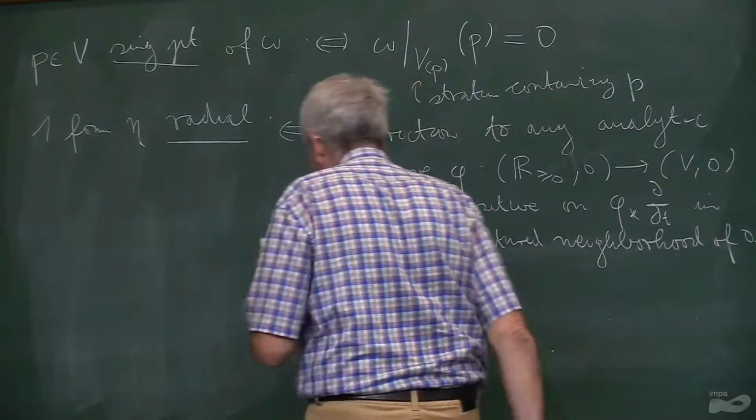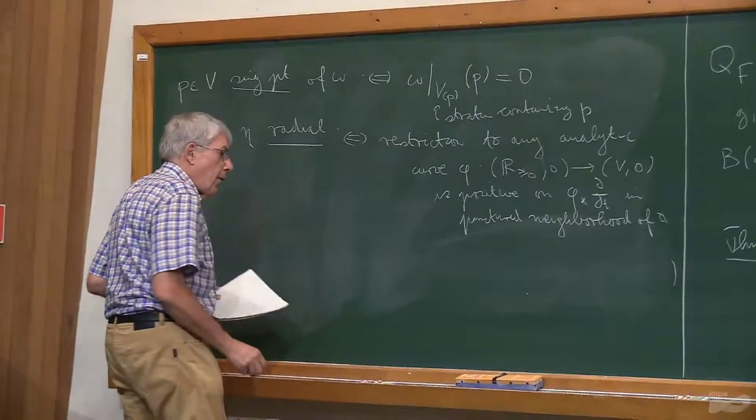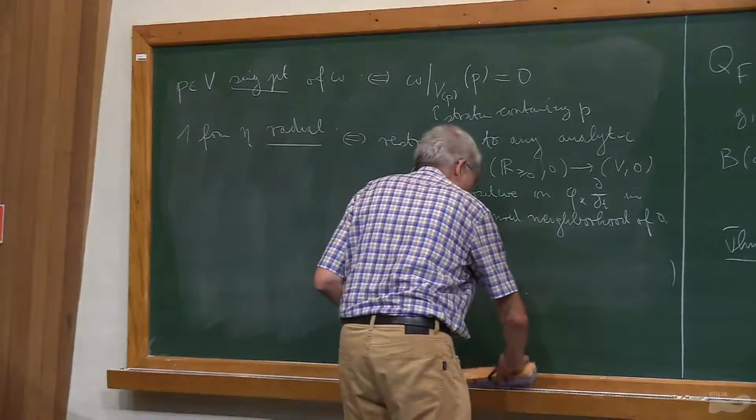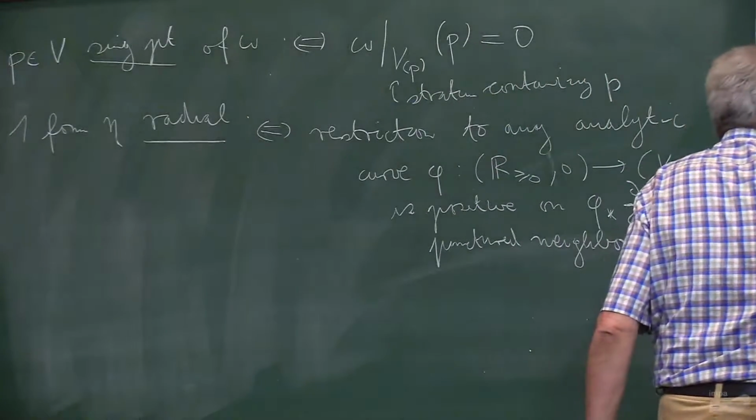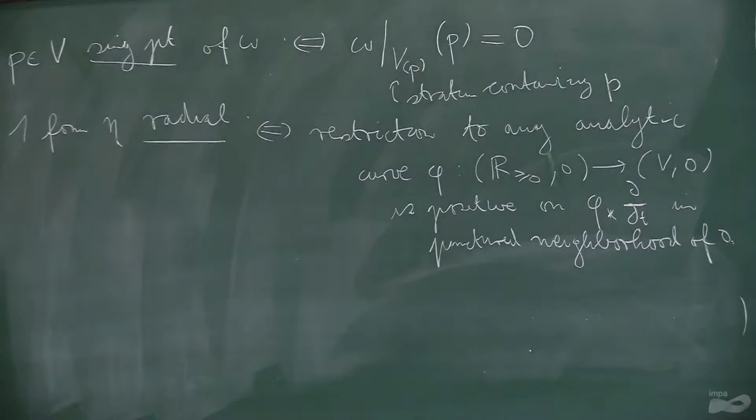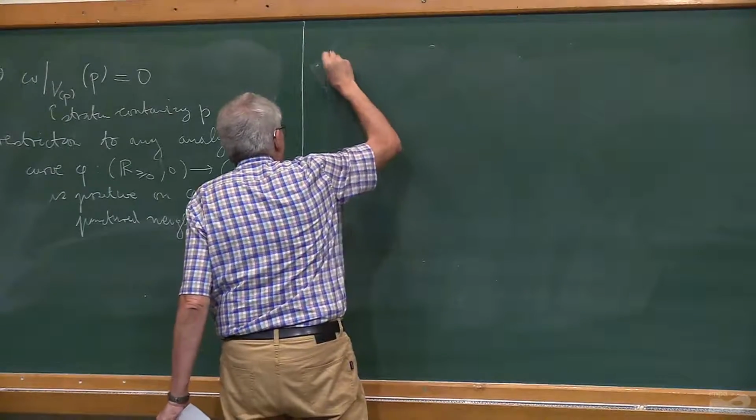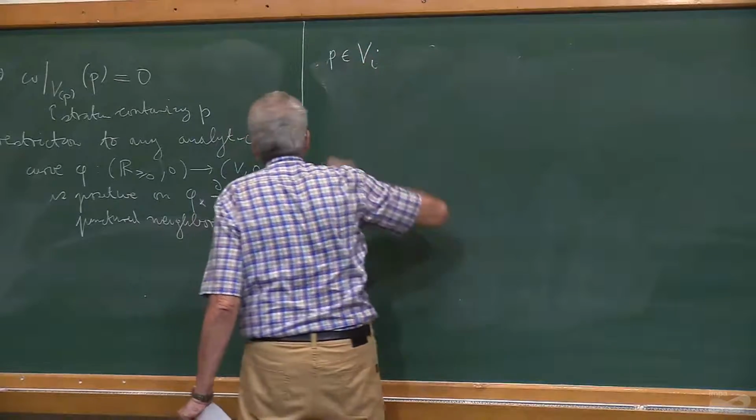Now I want to define what a radial extension is. Let P be a point of the stratum Vi.